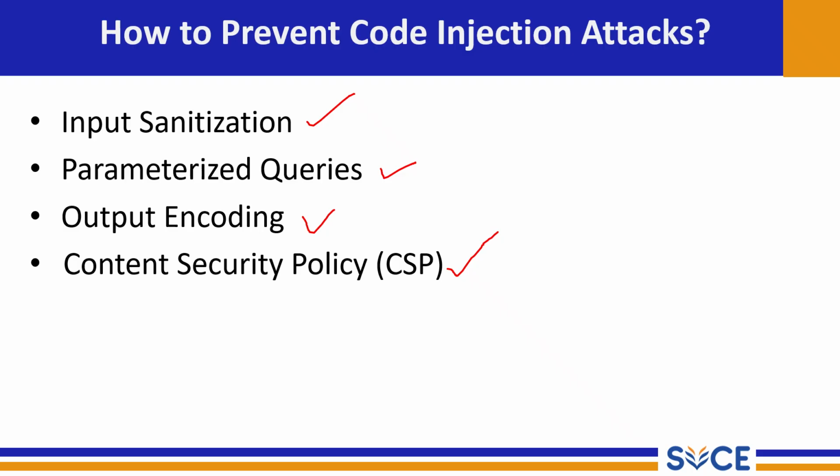And next one, output encoding. Output encoding is a context-sensitive encoding that encodes users' content such that malicious code is not executed as small scripts in the browser. For example, special characters such as the greater than and less than symbols are converted to encoded entities like ampersand LT semicolon and ampersand GT semicolon.